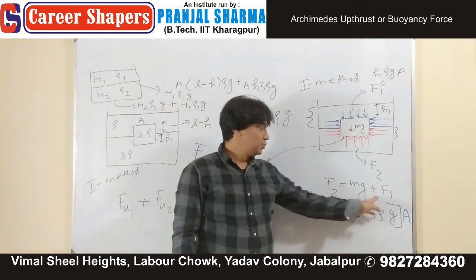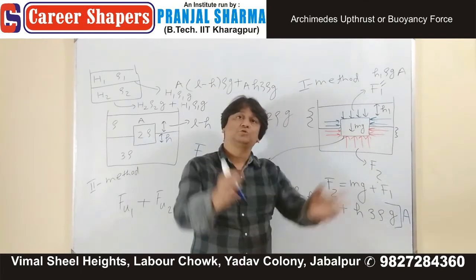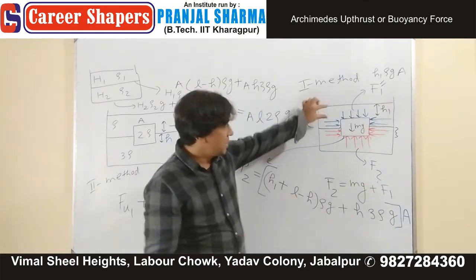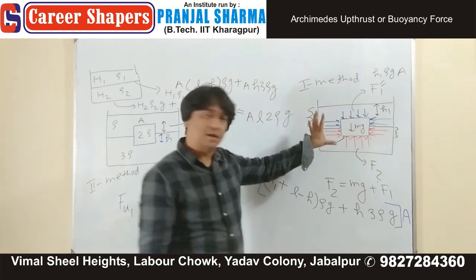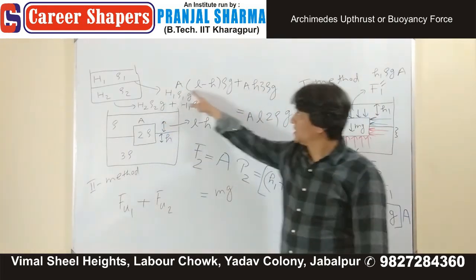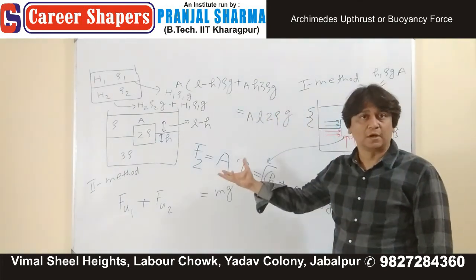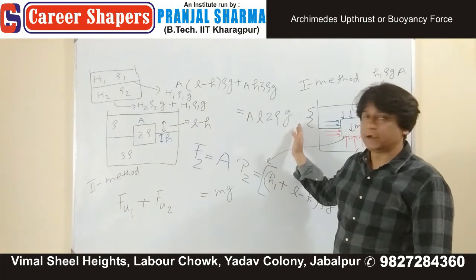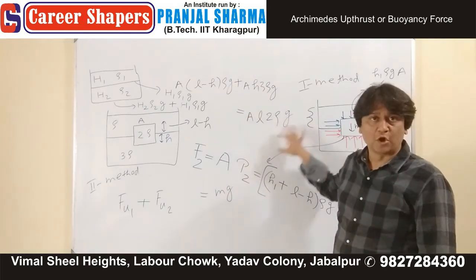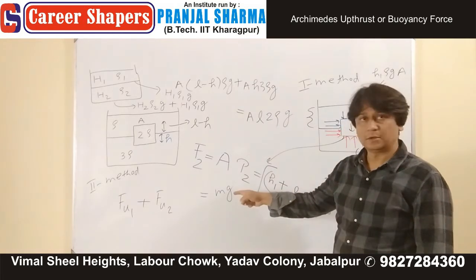Put these values in this equation, solve for H। लेकिन क्या क्या सोचना पड़ गया इतना कि भाई ये क्या है, ये क्या है। Whereas the second method, it tells us what, on the right hand side use the weight of the object, which is mg.